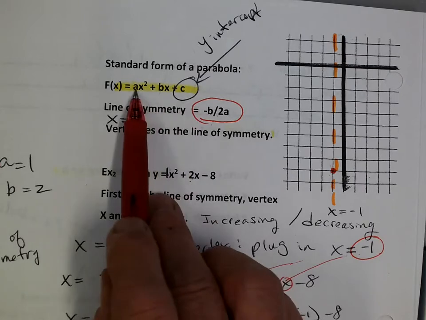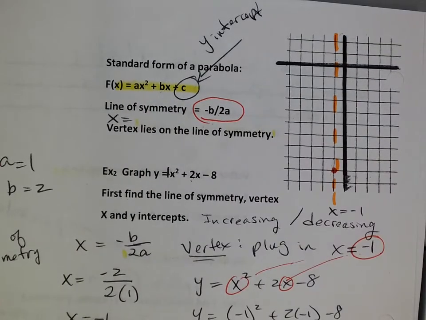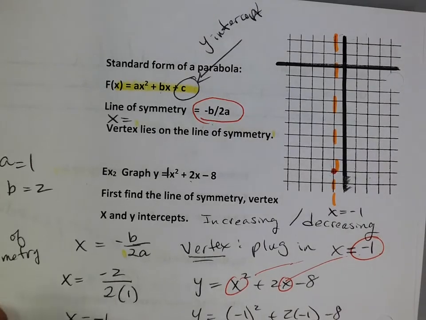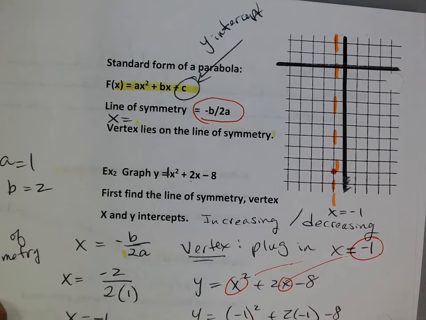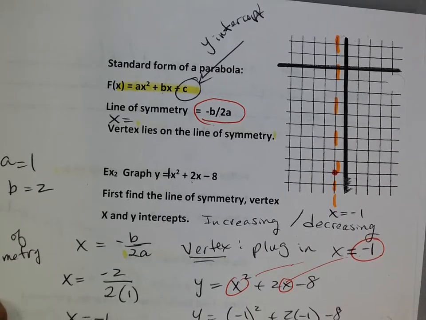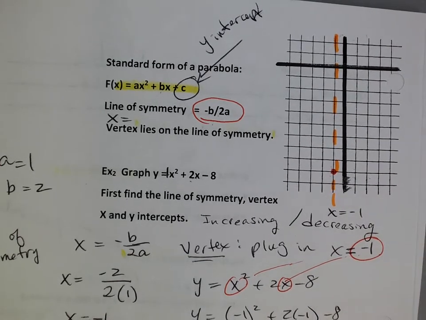That number, right? So for us, the y-intercept for this one is at 0, negative 8. Okay? Let's circle that because that's important.